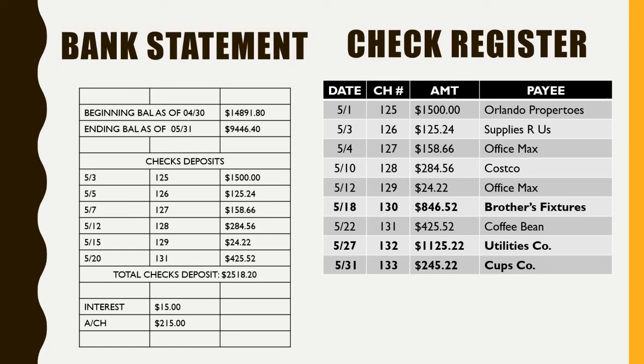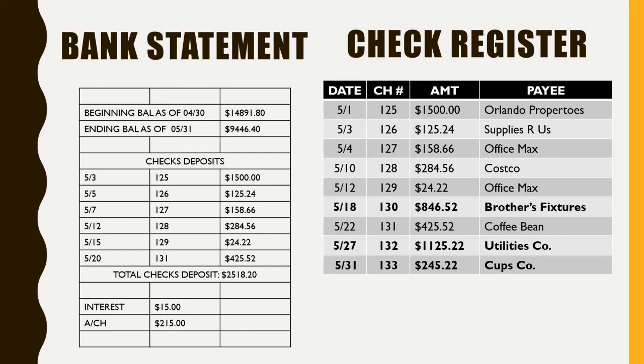Now I'm going to take all of that, because these are the checks that I wrote. Which one of them has cleared through my bank? I'm going to check my bank statement and see which ones actually cleared. Check numbers 125, 126, 127, 128, 129, and I'm missing 130. Then 131 is the last thing that cleared.